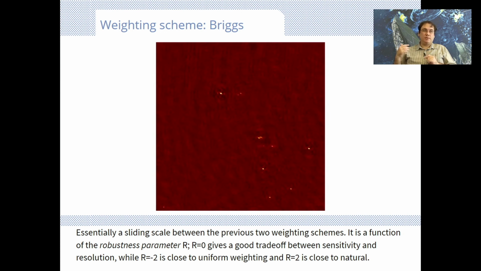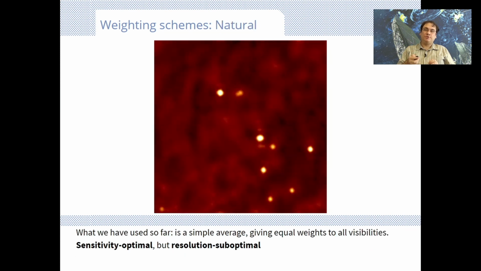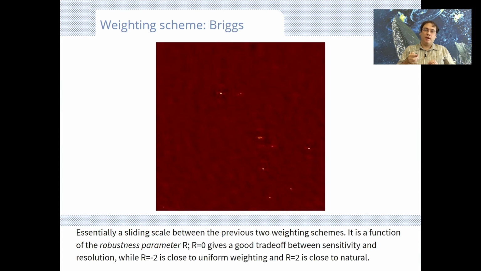In other imagers, such as the APES imager, it's slightly different, ranging from -5 to +5. But nonetheless, it doesn't really matter. It just provides us a way to slide between being sensitivity optimal and resolution optimal. So you can see that if we flip between natural, uniform and Briggs weighting, Briggs weighting gives us something that is somewhere in the middle, and that's user defined.